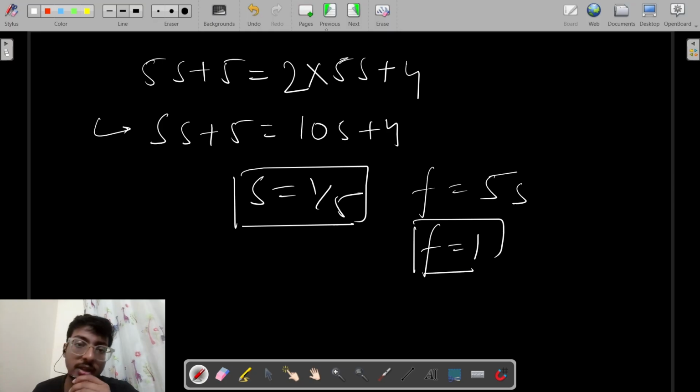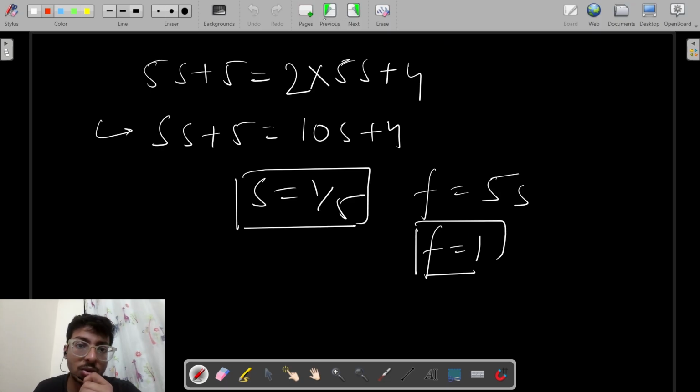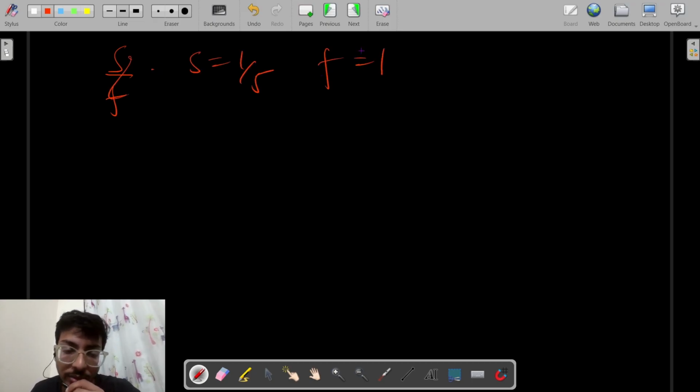Now the question is saying that further he is adding 1 kg to the sugar and 2 kg to the flour. So what is the new ratio of sugar to flour? Fine. My old ratio s by f: my s is 1 by 5, right? And my f is equal to 1. First time I added 1 kg, then again I added 1 kg.